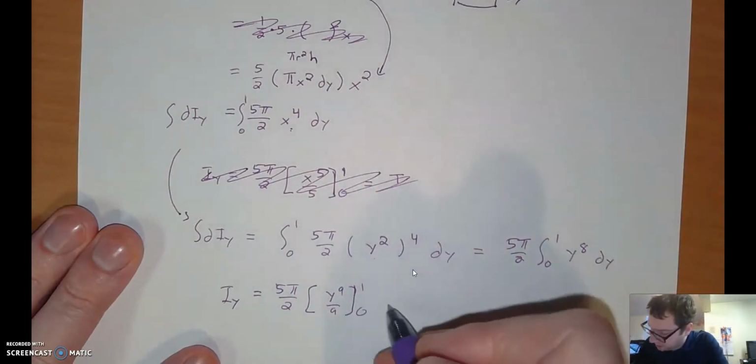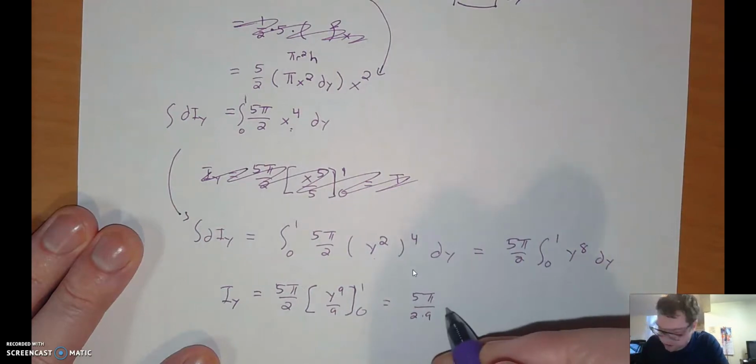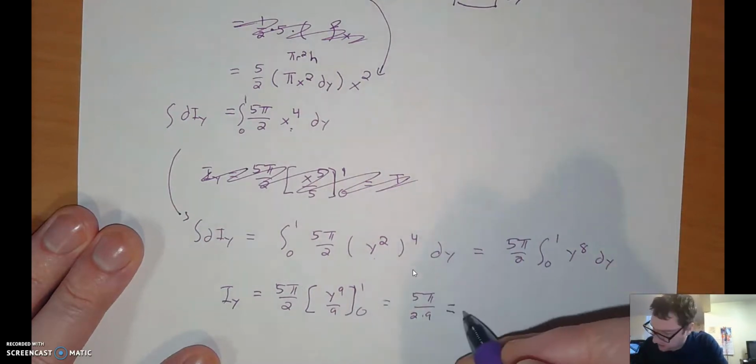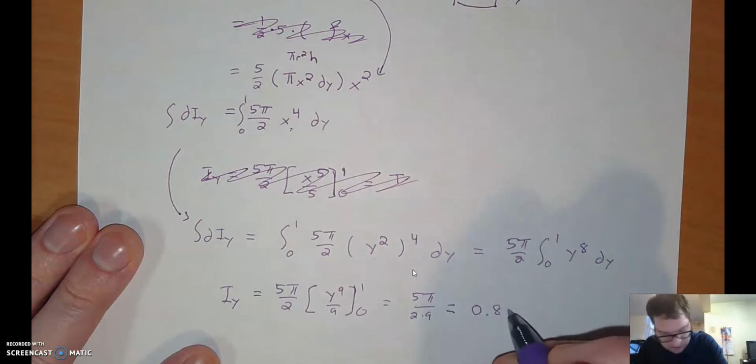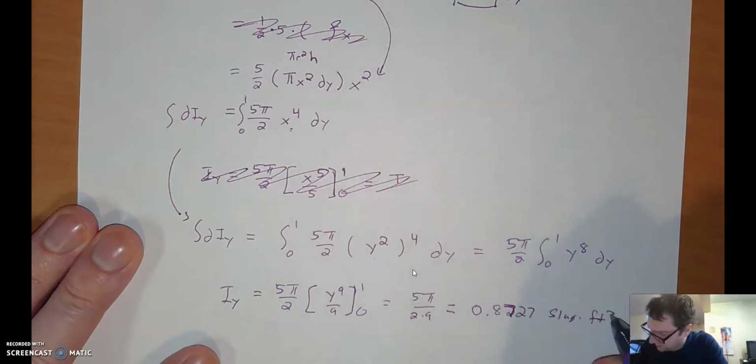Plug that in, you're going to get 1/9. So you get 5 pi over 2 times 9, so 5 pi over 18, which should become 0.8727 slug feet cubed when you are done.